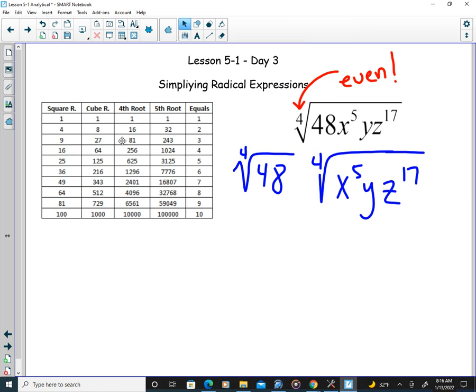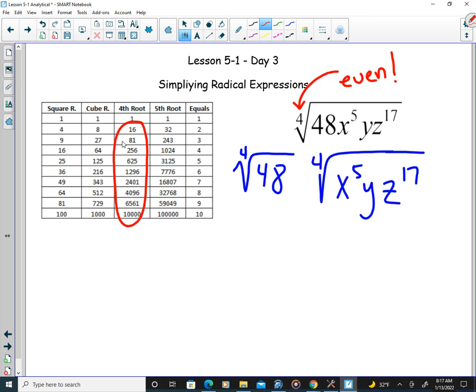Now, since we're looking at fourth roots, we're looking at this column. We're looking to see if 48 is a perfect fourth root. It's not. But 16, I believe, divides into 48. 48 divided by 16 is 3.